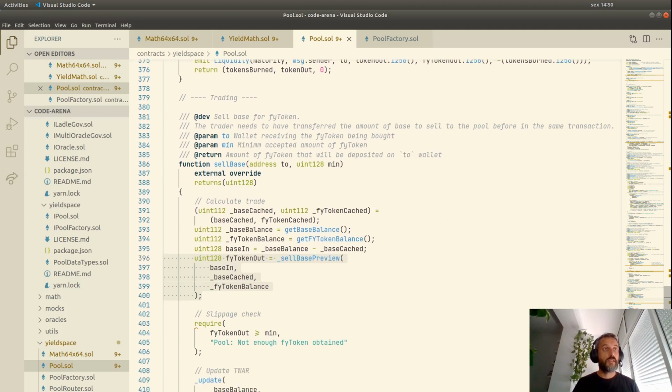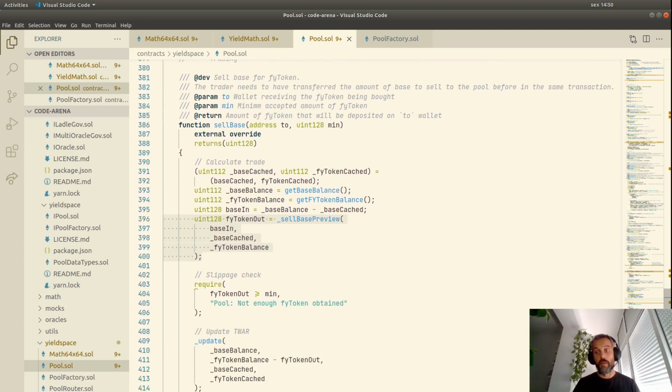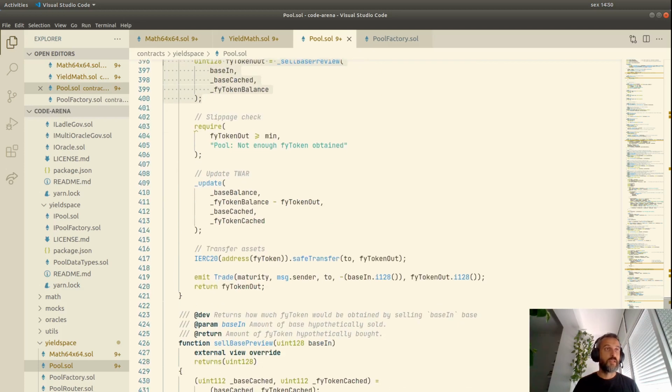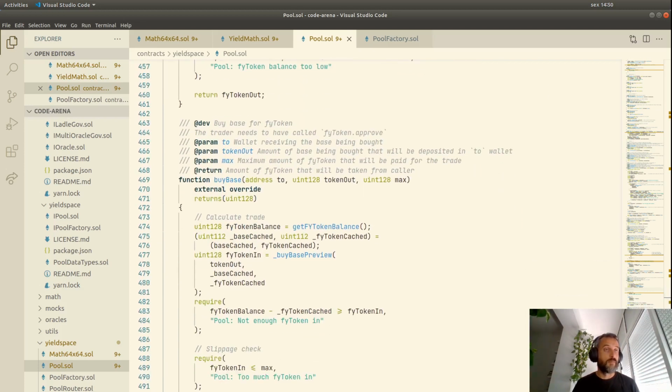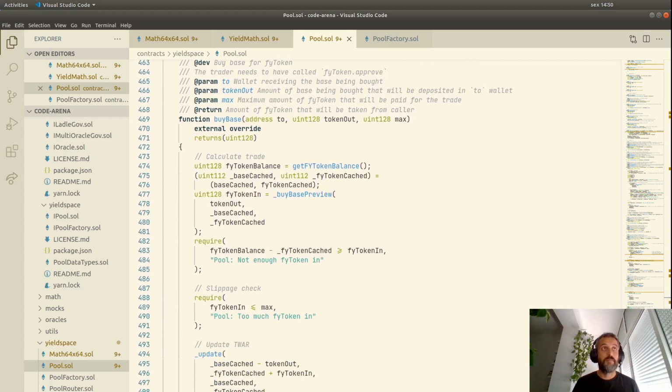This trade is repeated for the 4 different formulas. So you have sell base, you have buy base, which is the same in a way, with the only detail that since you are buying, you actually don't know how much you are selling. You know, okay, I want to get one DAI.